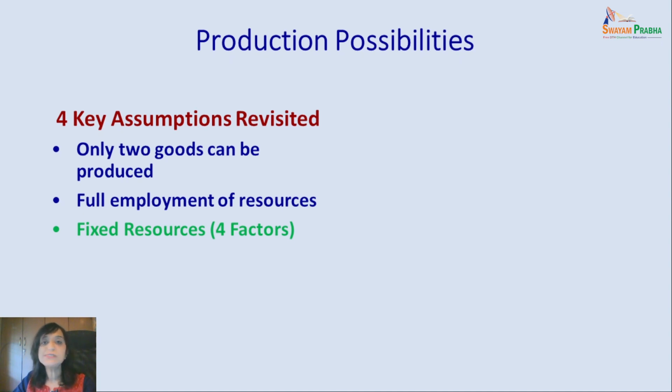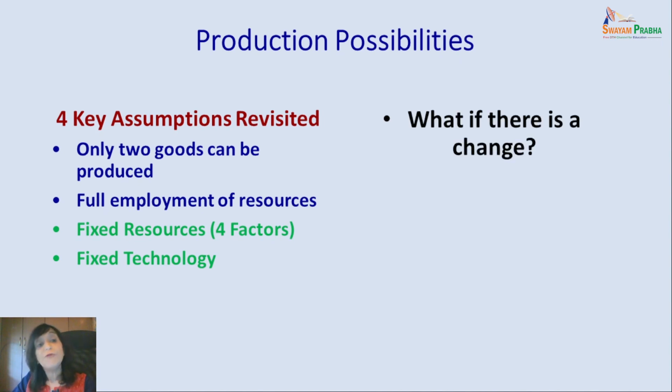Fixed resources, that is 4 factors of production, and fixed technology. What if there is a change in any of these? That would lead to a shift in the production possibility curve. So if any of the assumptions which we had taken change, it will lead to a shift in the production possibility curve.